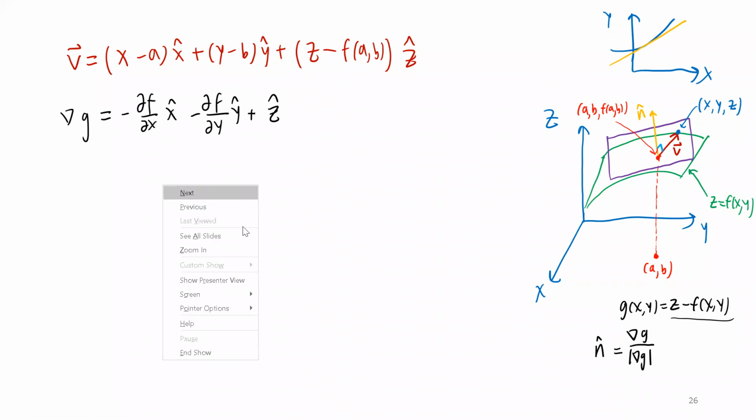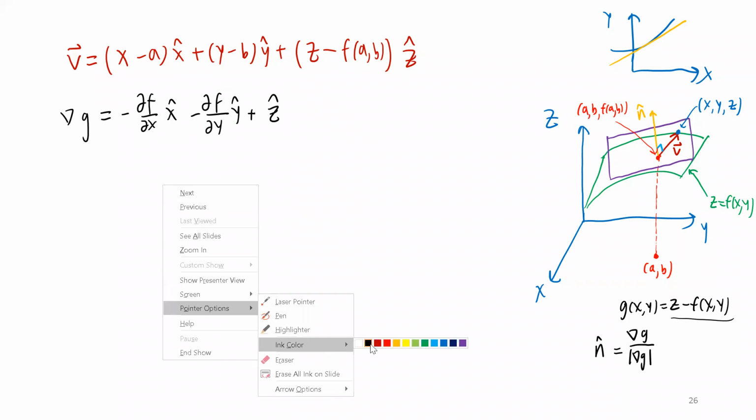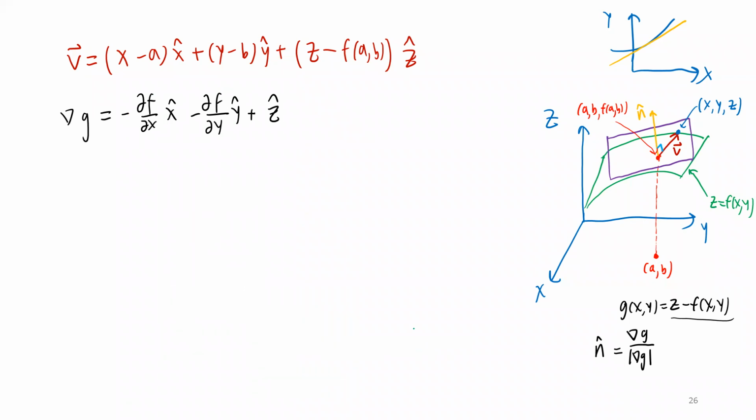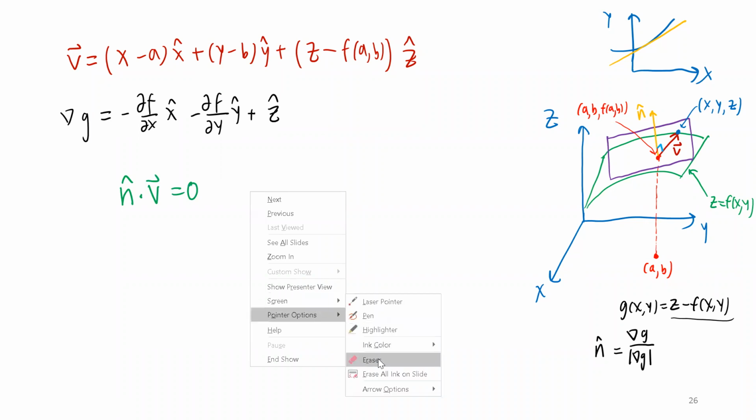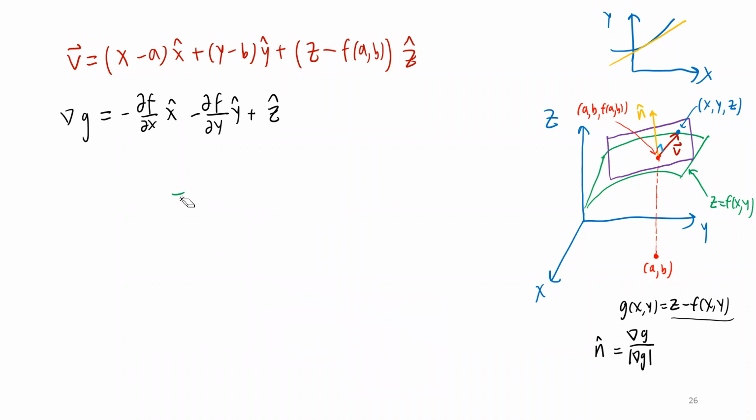So my requirement to represent this plane is that the equation of this plane is given by n hat dot v equals 0.